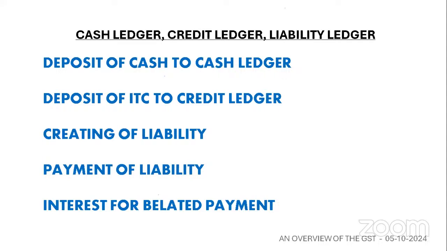Now, if you delay in transferring the money from the cash ledger and credit ledger to the liability ledger, even by 1 day, you have to pay interest for 1 day. You may argue that my money was already there in my cash ledger on the 20th of this month. But the transfer I made on the 21st of the month, 1 day I have delayed, but the money was with you only. Even still, I have to pay the interest on this particular delay.